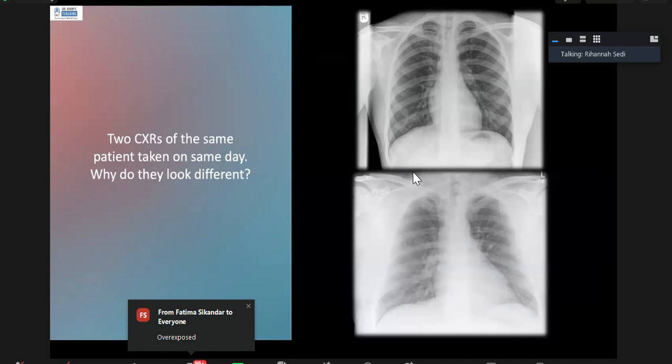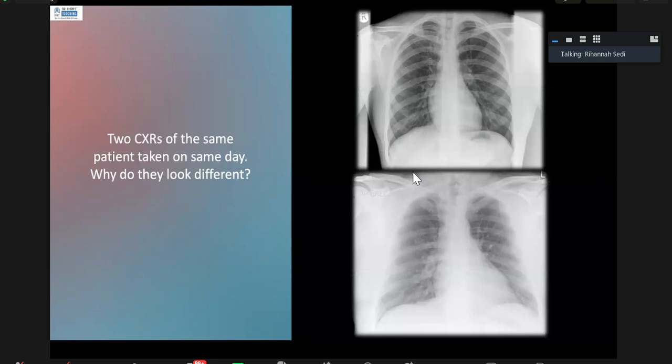Over here, you can see that we have two chest X-rays. These were taken from the same patient and they were performed on the same day. Could any of you please comment on why you think they look different?